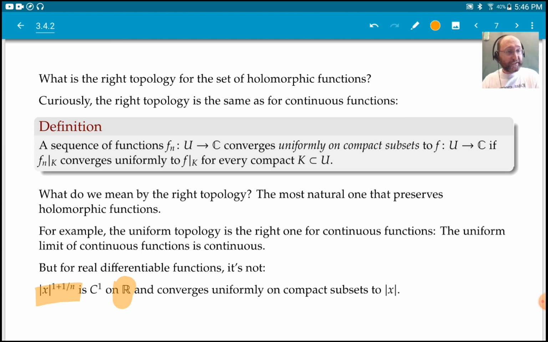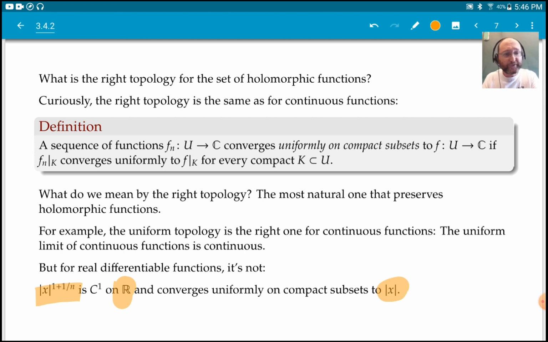We take the absolute value of x to the power 1 plus 1 over n. So it's just something slightly bigger than the first power, and as n goes to infinity the power is getting smaller and smaller. That converges uniformly on really any bounded interval to the absolute value of x.